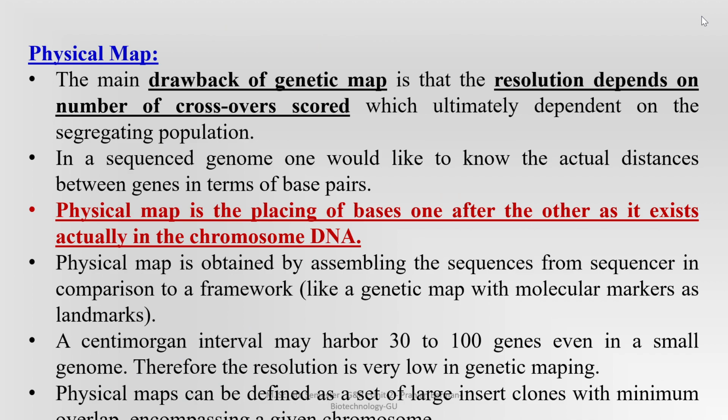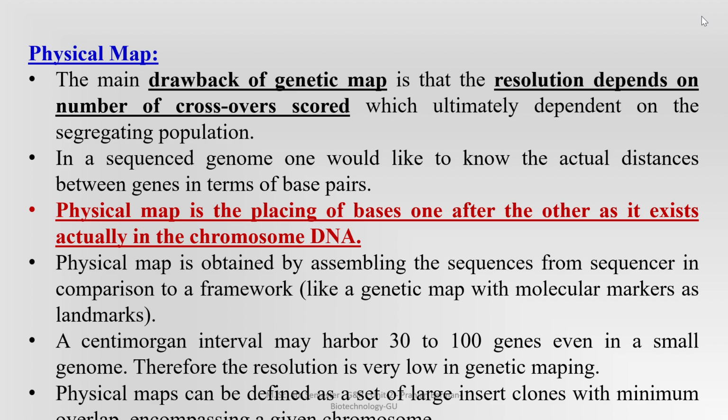Then what is a physical map? A physical map is the placing of bases one after the other as it exists actually in the chromosomal DNA. For that, you have to do sequencing and assembly. A centimorgan interval may harbor 30 to 100 genes even in a small genome.